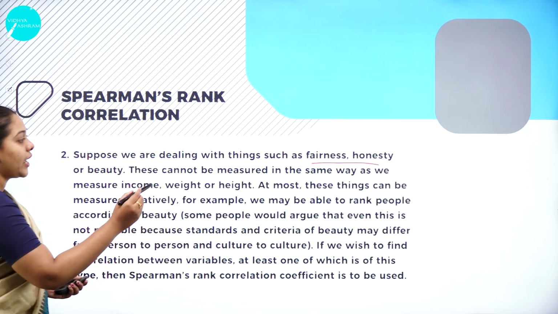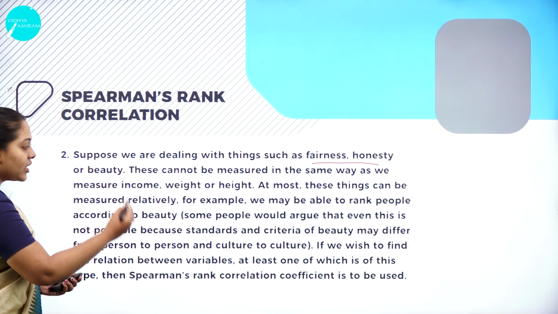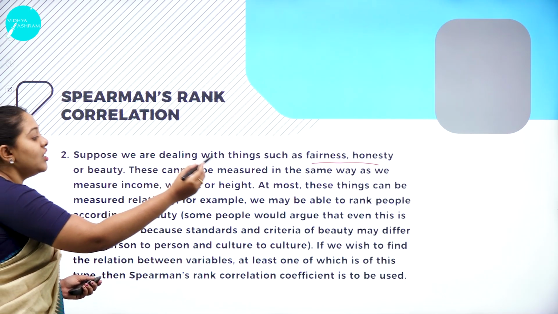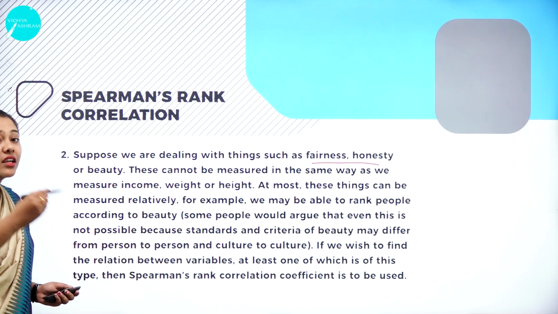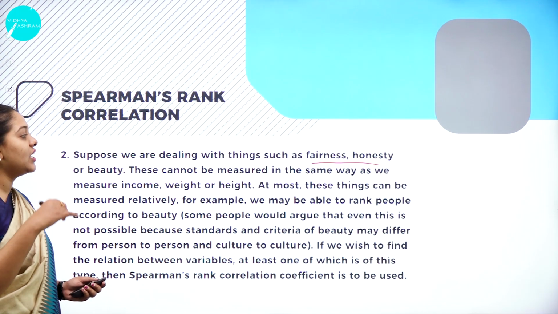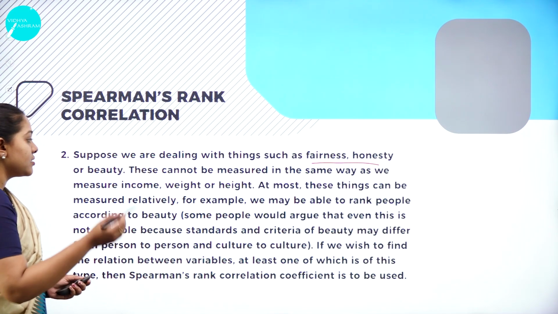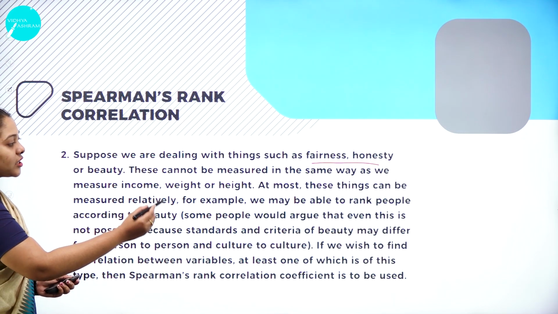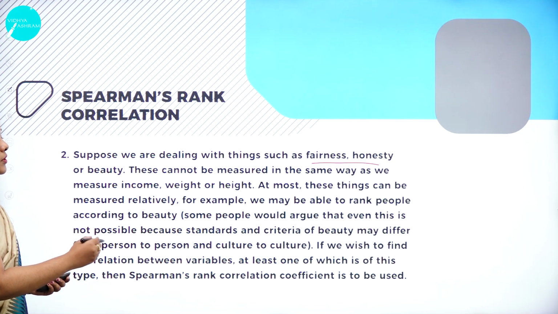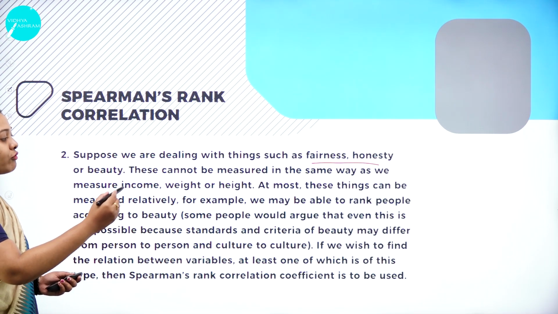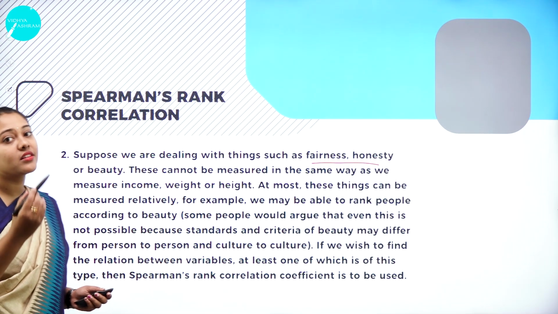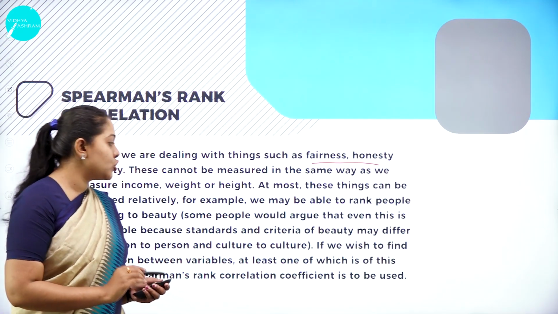So most of the time, these things can be measured relatively by using the rank. So they rank the people according to their beauty, their honesty and their fairness. Some people would argue that even this is not possible because standards and criteria of beauty may differ from person to person and culture to culture.